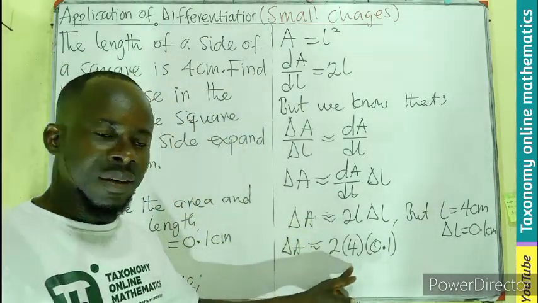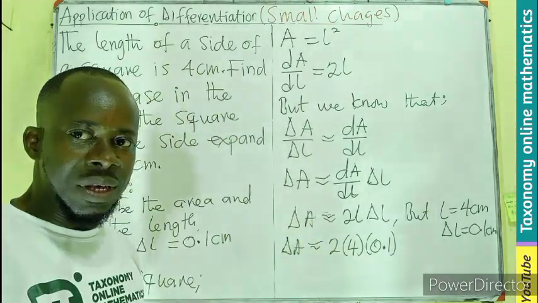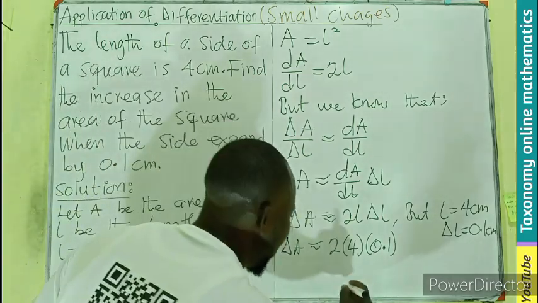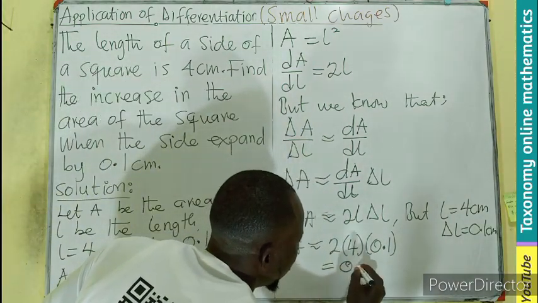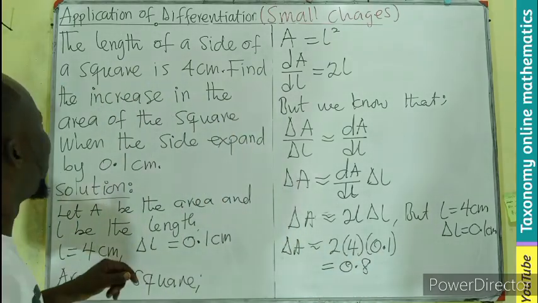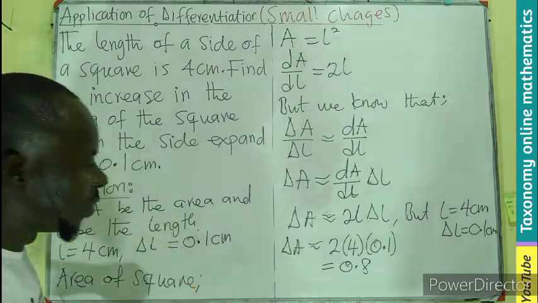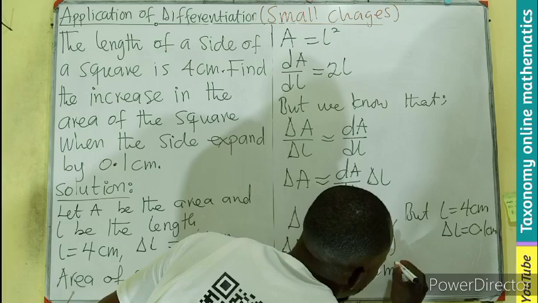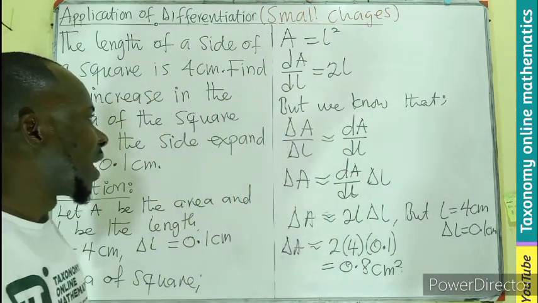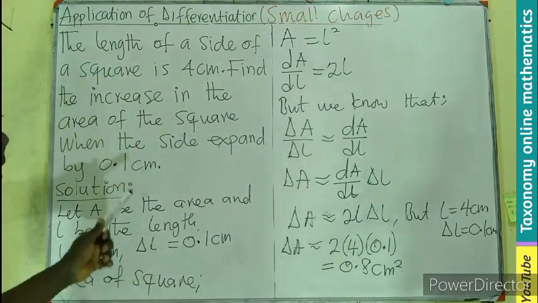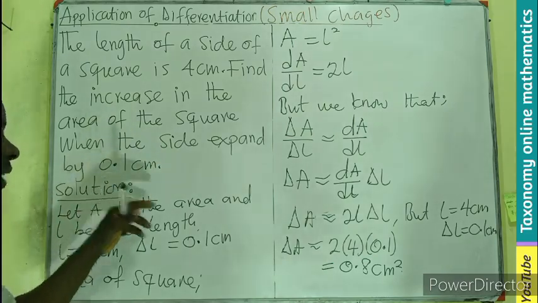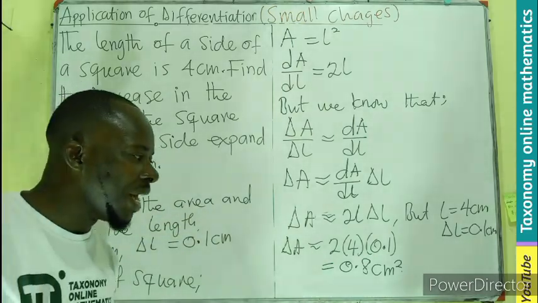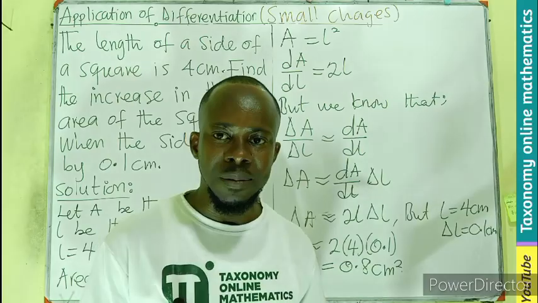This will be 8, right? 8 times 0.1 will be 0.8. Are we dealing with area? Centimeter, so centimeter squared. So we can say by conclusion that the area of the square is expanding or increasing by 0.8 centimeter squared.